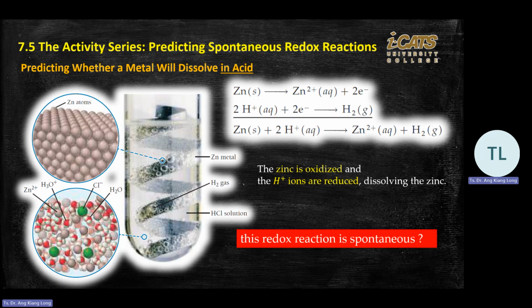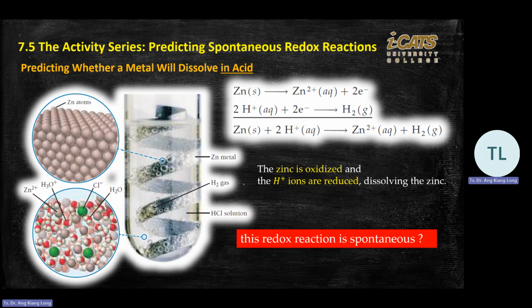So whether it is spontaneous or not: if you look at zinc plus H plus to zinc ion plus H2, you compare zinc and H plus. It depends on which table you refer to. If you refer to the activity series of metals, that one doesn't have H plus.